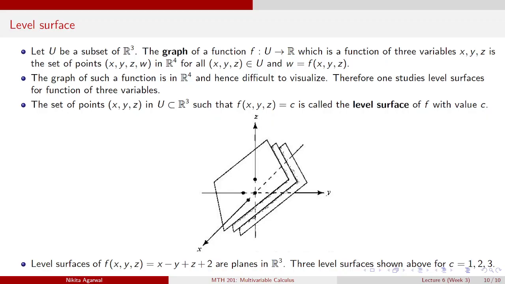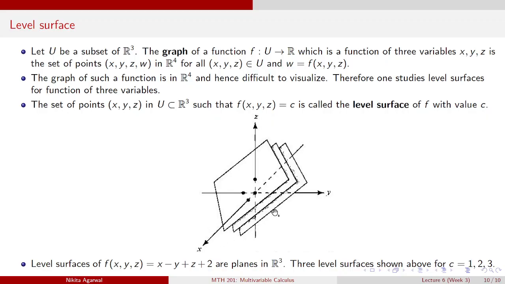So this is a very simple example. We will discuss more examples in the tutorial. This is a very simple example of level surfaces of a function. So we are looking at the function f(x, y, z) = x - y + z + 2. Now, if you put this function equal to a constant, you get the equation of a plane, right? So level surfaces of this function are nothing but planes.